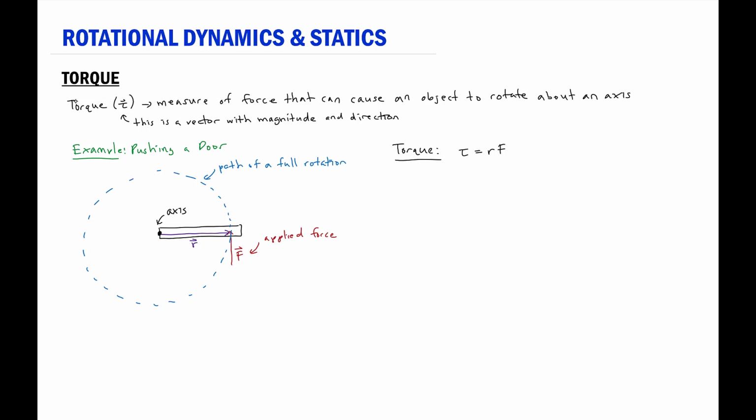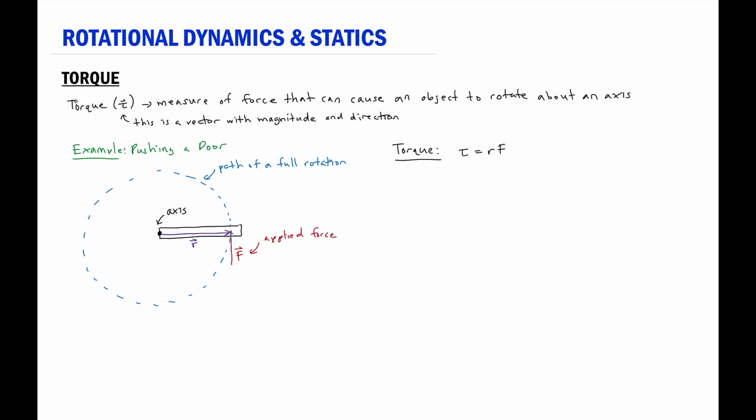But there's also something else to keep in mind here. No matter what, we are looking at an axis of rotation, which means that there's an imaginary circle of radius r that our contact point is on. So we've drawn our circular path. From this diagram, we can see that the applied force here is tangential to a circle of radius r.